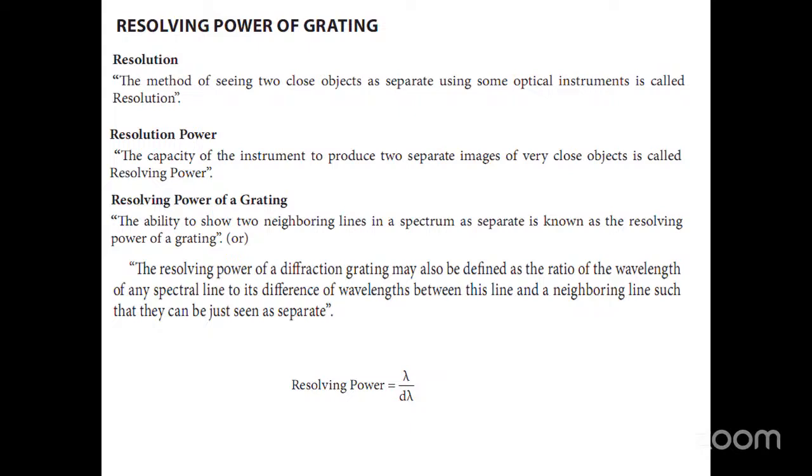So 5893 angstroms, I will show you. This is for D1 and D2: 5890 angstroms and 5896 angstroms. So what is d lambda?